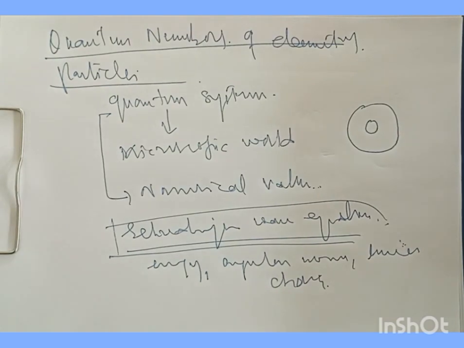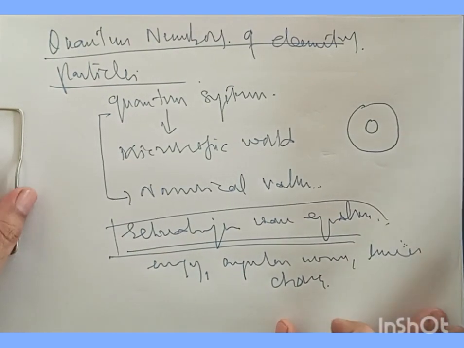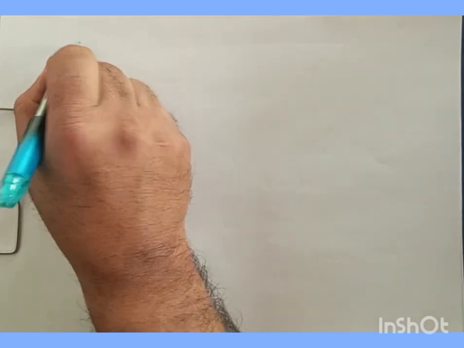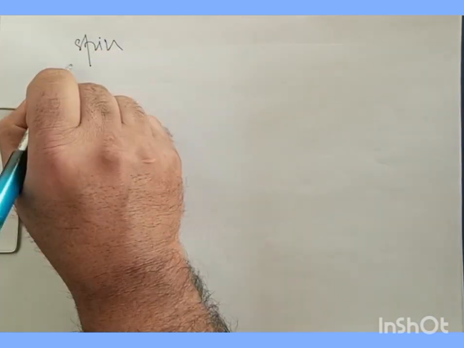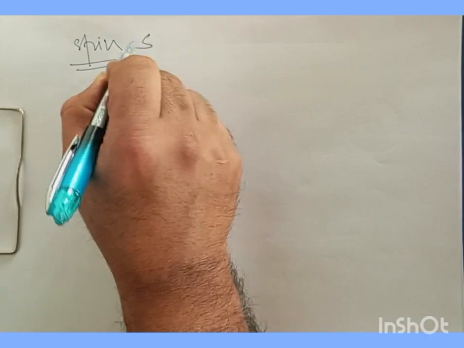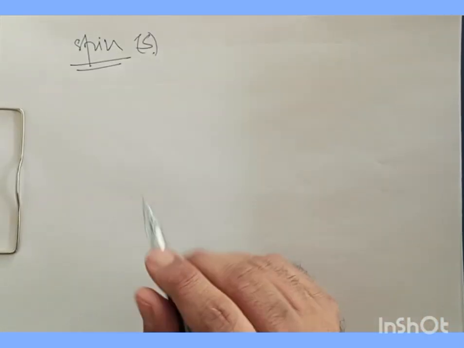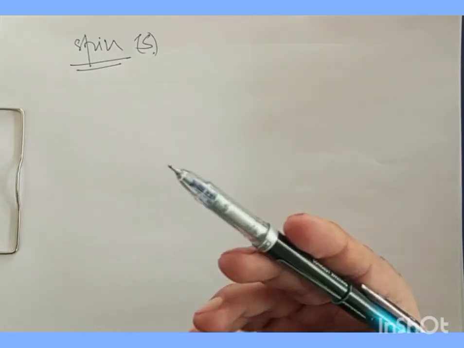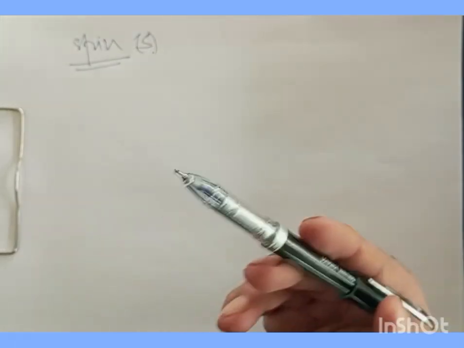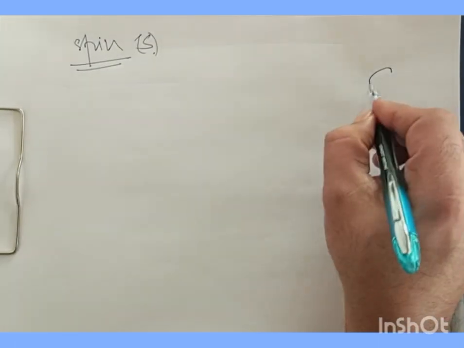So let's try to analyze. Let's discuss some quantum numbers that are linked with these elementary particles. The very first thing is spin, S. Every elementary particle spins, like the spinning of Earth on its own axis.